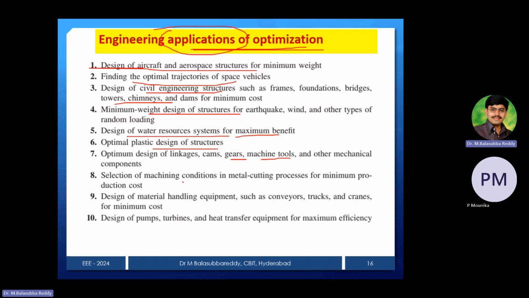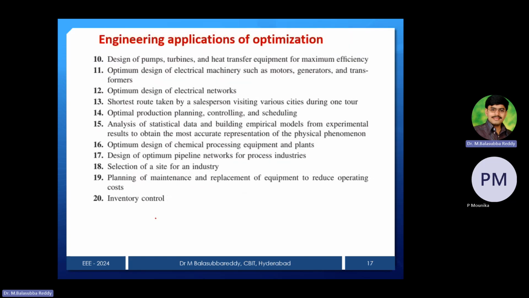Machining conditions in a metal cutting process, minimizing the cost and all. Design of material handling equipment, design of pumps, design of turbines, and optimum design of electrical machinery, electrical networks, shortest route, and optimal production planning.